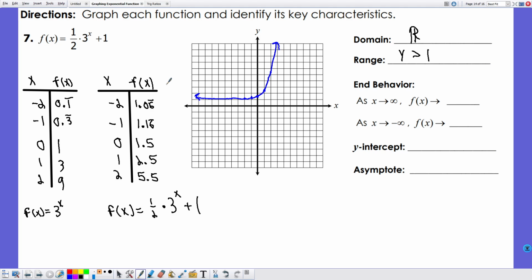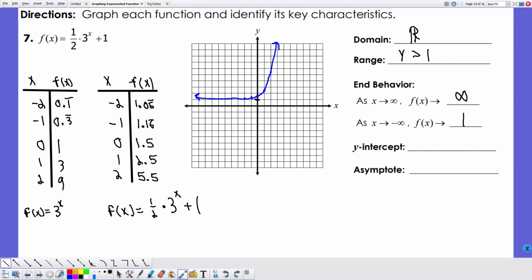Now our end behavior: as x approaches infinity, so does f of x. As you can see, the graph is still growing. But as x approaches negative infinity, f of x is approaching 1. If we look at y equals 1, our graph seems to be going in that direction.